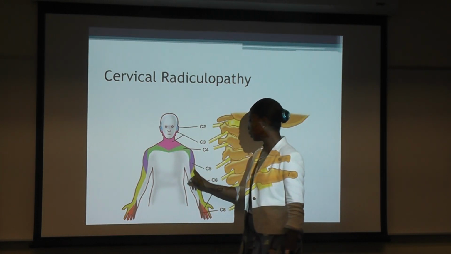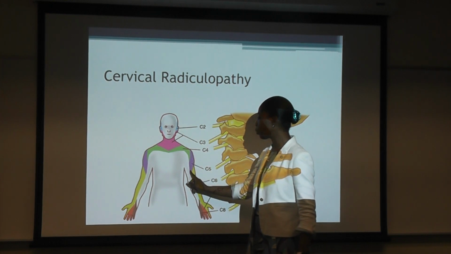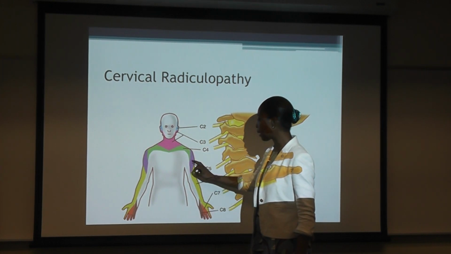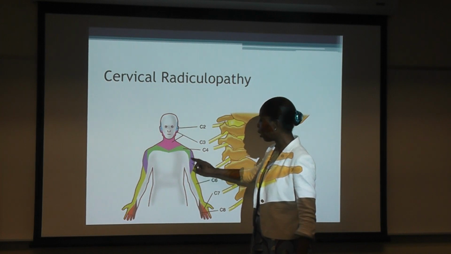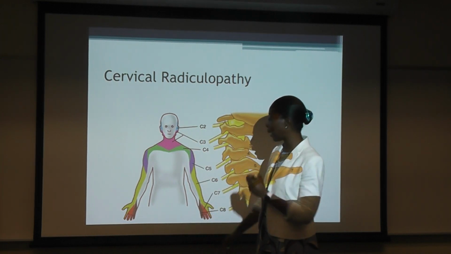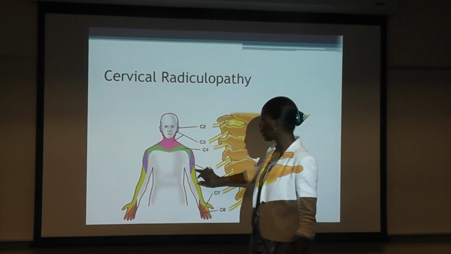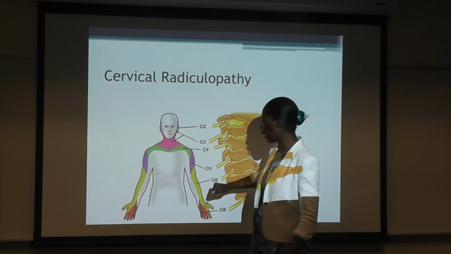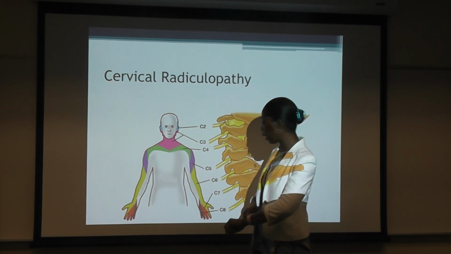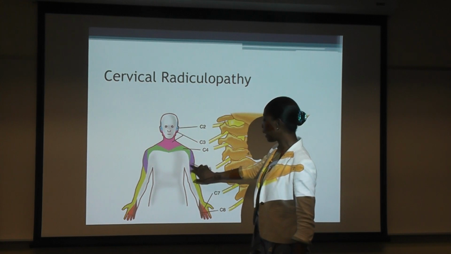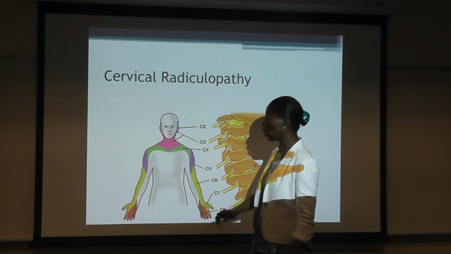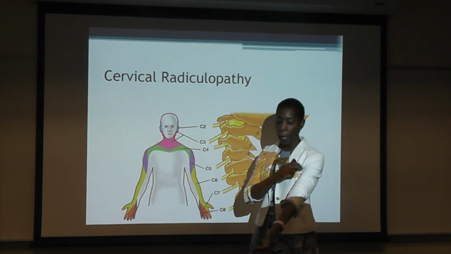So when you look at this now, C5, you're going to hold deltoid. C6, bicep, and then C5 comes around, and it can also affect a little bit of the bicep, okay? C6, usually in conjunction with C5, you will have deltoid, and then you can have bicep. But C6 goes all the way down.